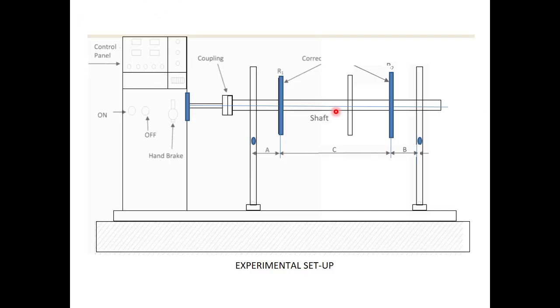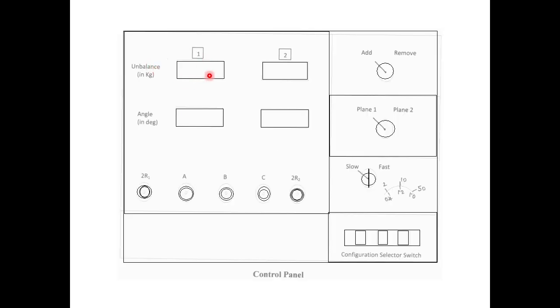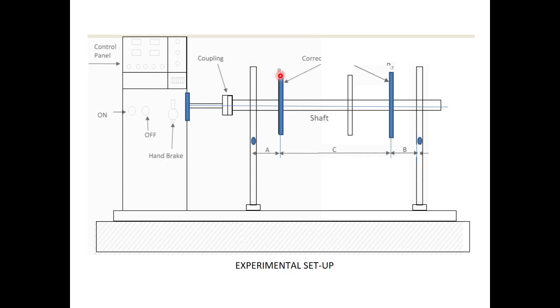So what we are getting here is some magnitude and the orientation. So this is the unbalanced mass, meaning this is the correction we have to make in this particular direction, and this mass has to be placed at this particular radius.